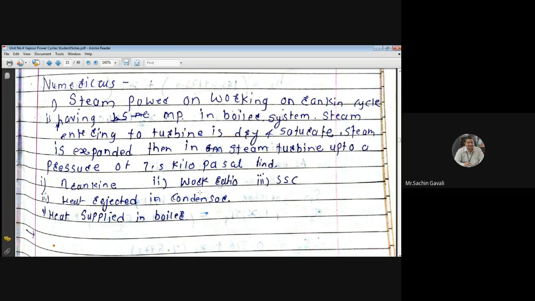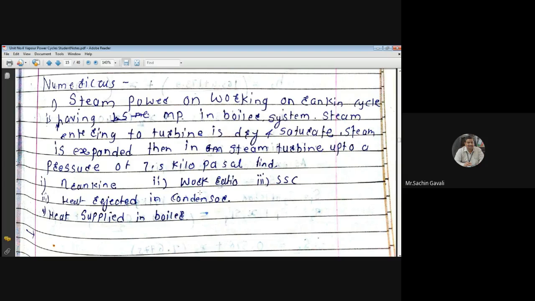Find first heater Rankine, second work ratio, third SSC. SSC means specific steam consumption. Those who are not knowing this term, write down specific steam consumption.